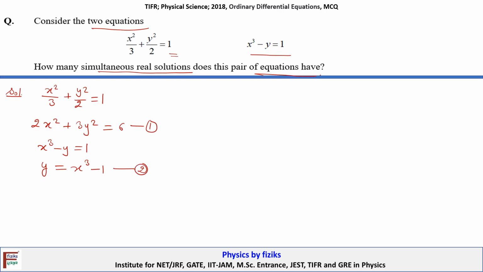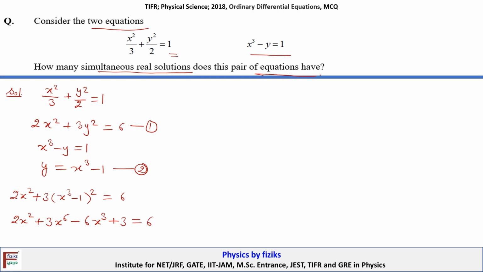Now substituting the value of y from equation 2 into equation 1, we can write it as 2 times x squared plus 3 times y squared, and y is equal to x cubed minus 1, therefore its square, is equal to 6. On simplifying, we can write it as 2x squared plus 3 times x to the power 6 minus 6 times x cubed plus 3, is equal to 6.